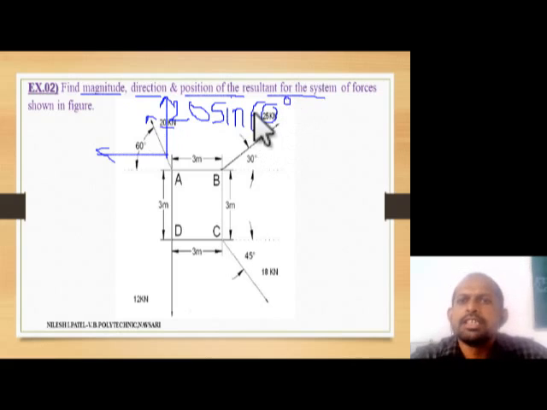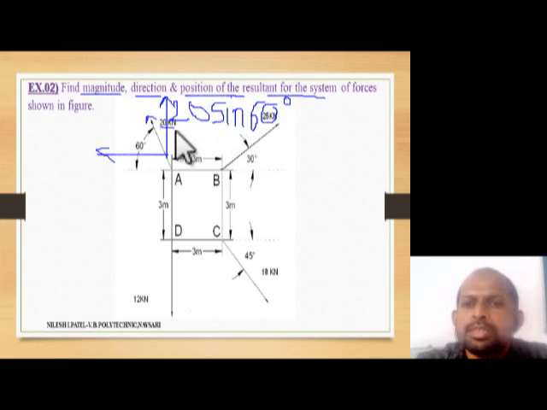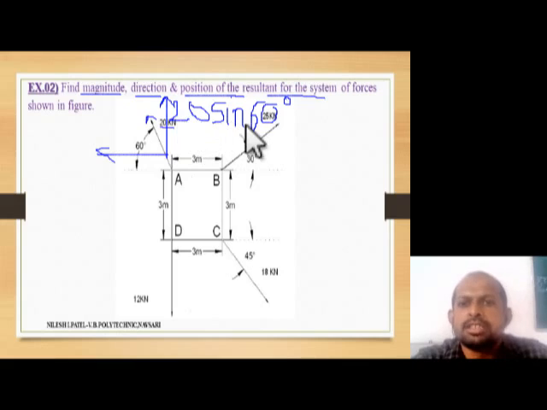If you don't know, simply remember that the vertical component is the magnitude of the inclined force, with sine used for the vertical one, and 60 degree is the angle at which the force is inclined.